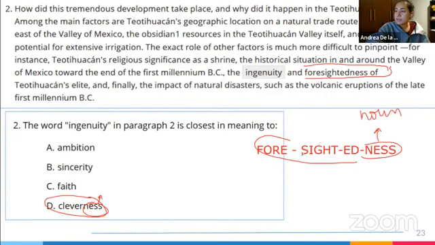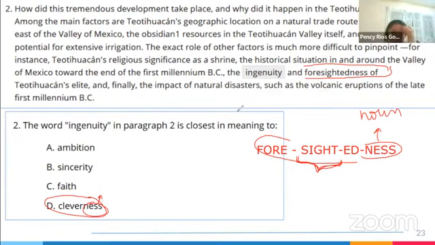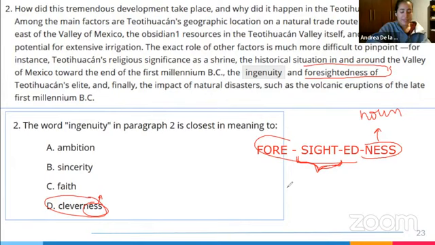Now what else? Sight. But do you guys know what sight means? It can be a view, point of view. Exactly.